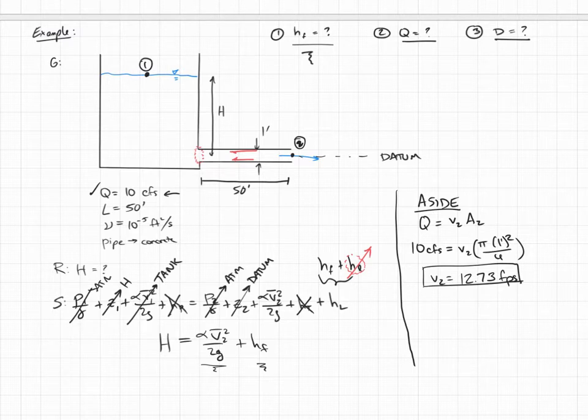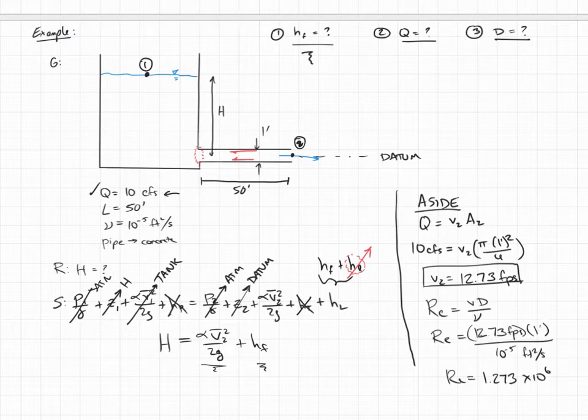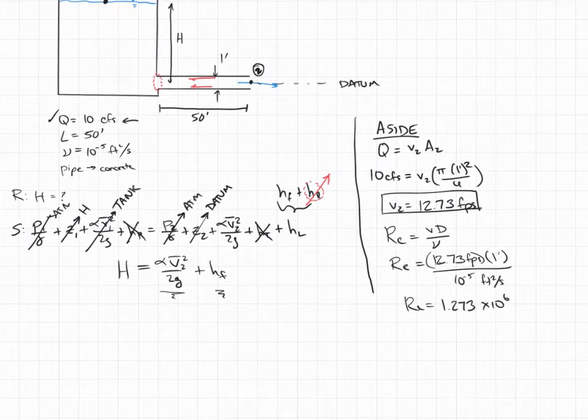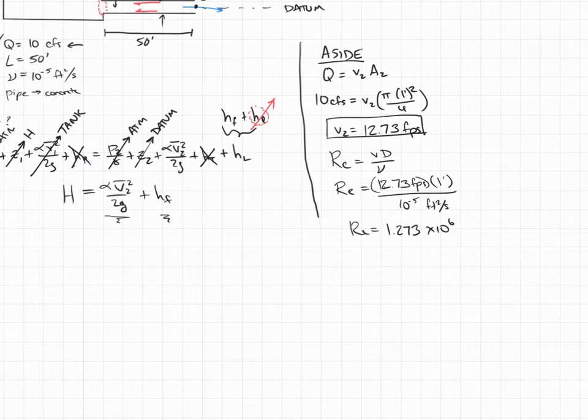And just to check our alpha, because we also want to get rid of that alpha right there, let's check to see if this is laminar or turbulent. Again, I'm going to pause it and just do it. If I plug those numbers in, those are all given. The velocity is not given, but we solved for it a second ago. I put too many significant digits on this on purpose.